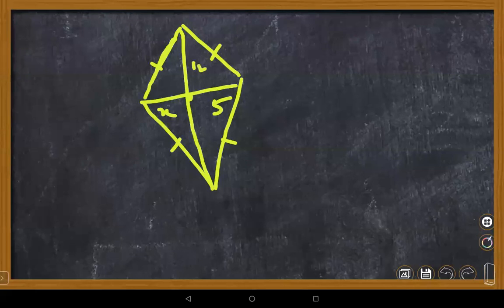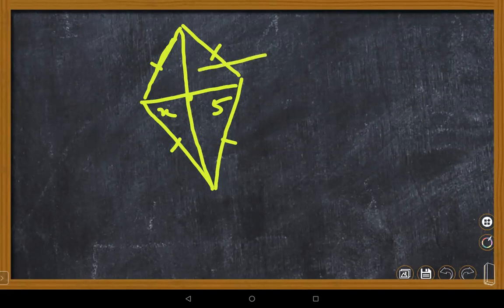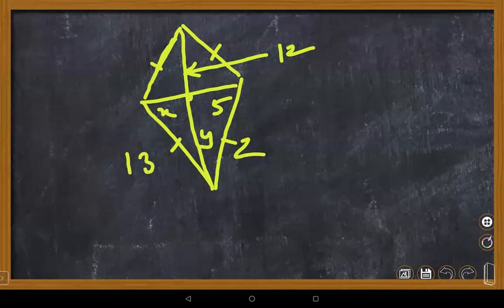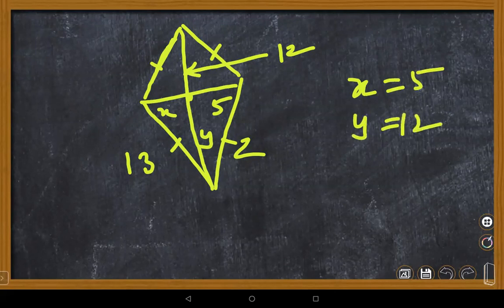This length is given as 12, and this length is X. This length is Y, and this is given as Z. You need to find out X, Y, Z. Ma'am, X is 5, Y is 12, and Z is 13.